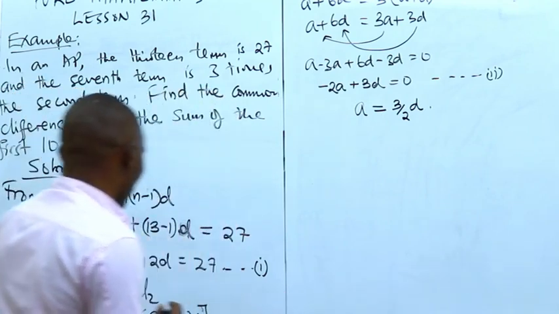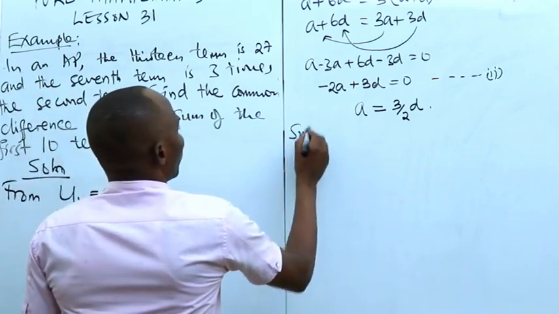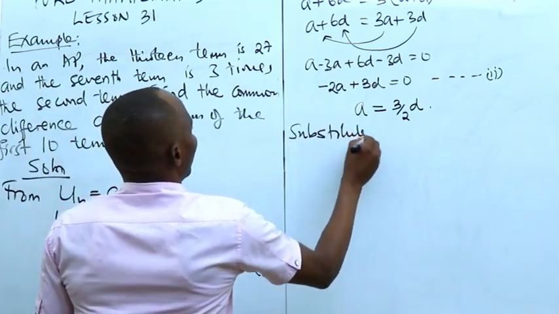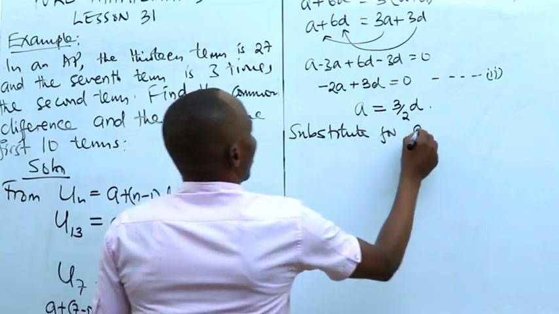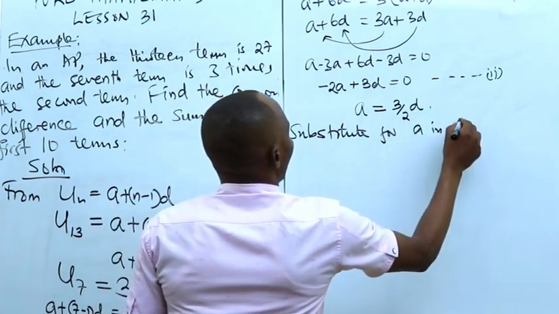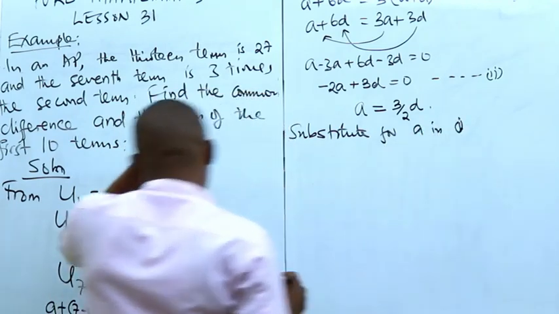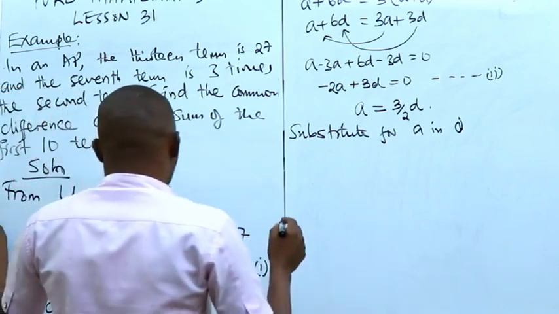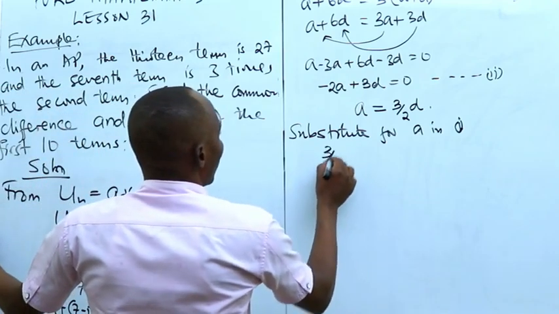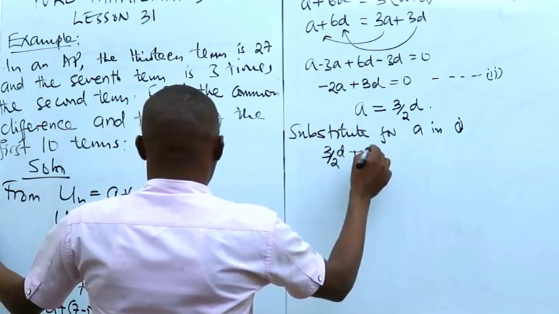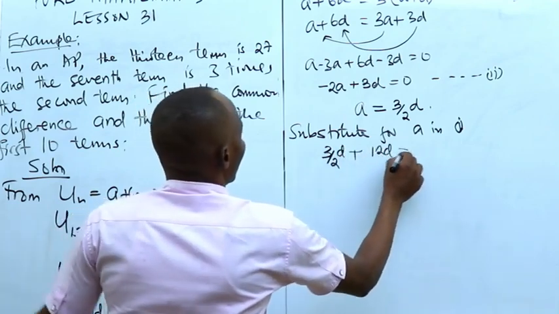I guess you are following. So you substitute for a in equation 1. If you substitute for a in equation 1, you have 3 over 2 d plus 12d is equal to 27.